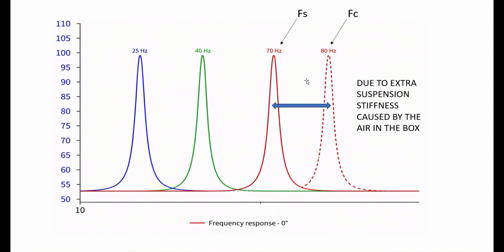When you put the speaker in a sealed box, the resonant frequency will go up, because we've got extra stiffness in the suspension from this air spring. So your resonant frequency might go from 70 to 75, or 80, just for illustration purposes, but the key takeaway is the FS will move up. So FC will always be greater than FS.